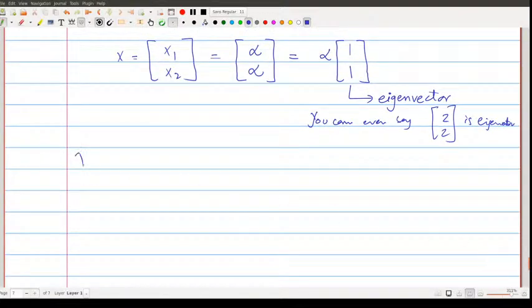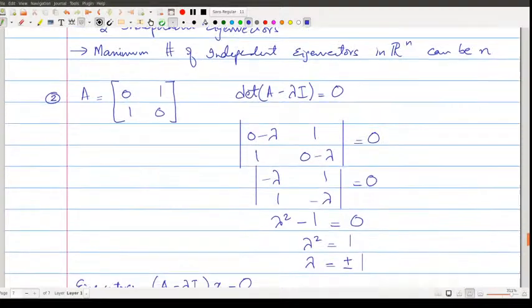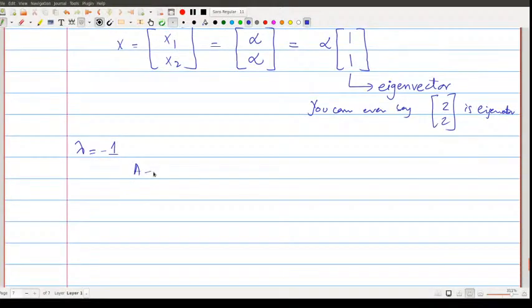Okay, let's do it for lambda equals minus 1. We got two eigenvalues, 1 and minus 1. So first, A minus lambda I is 0, 1, 1, 0, minus lambda, and lambda was minus 1, so this just becomes plus 1.